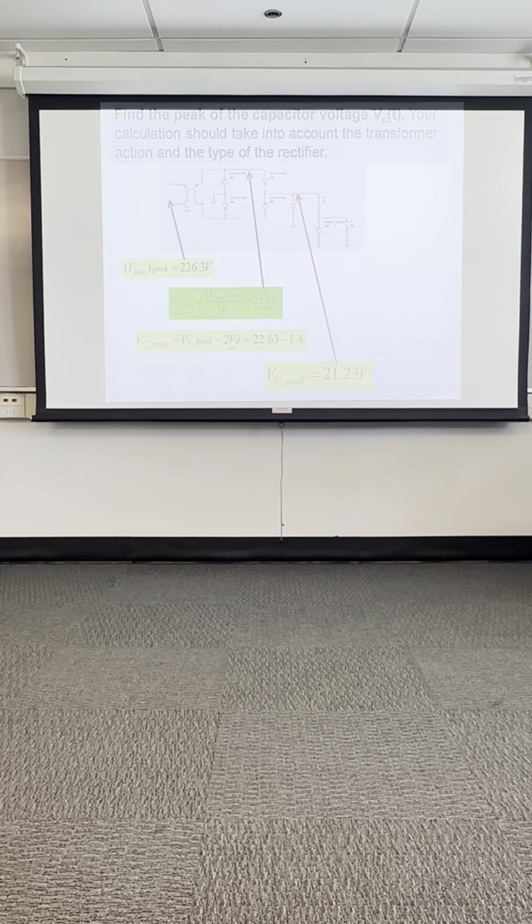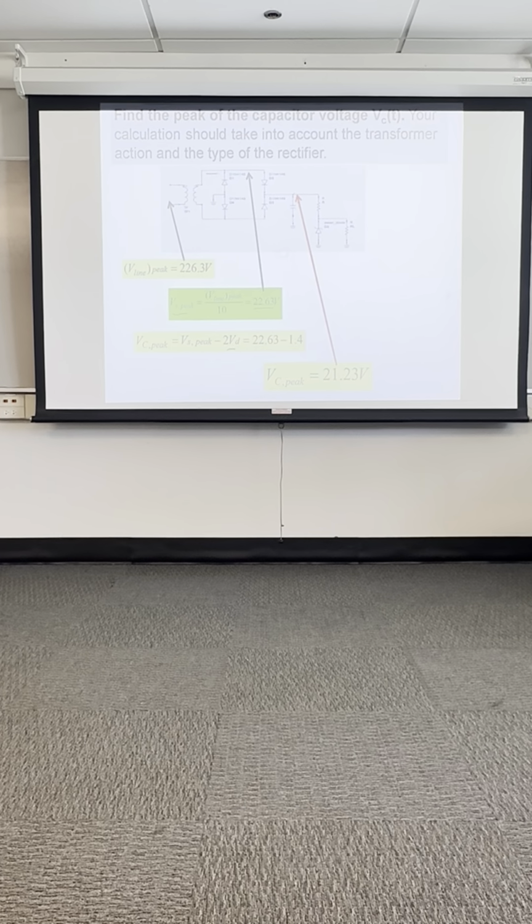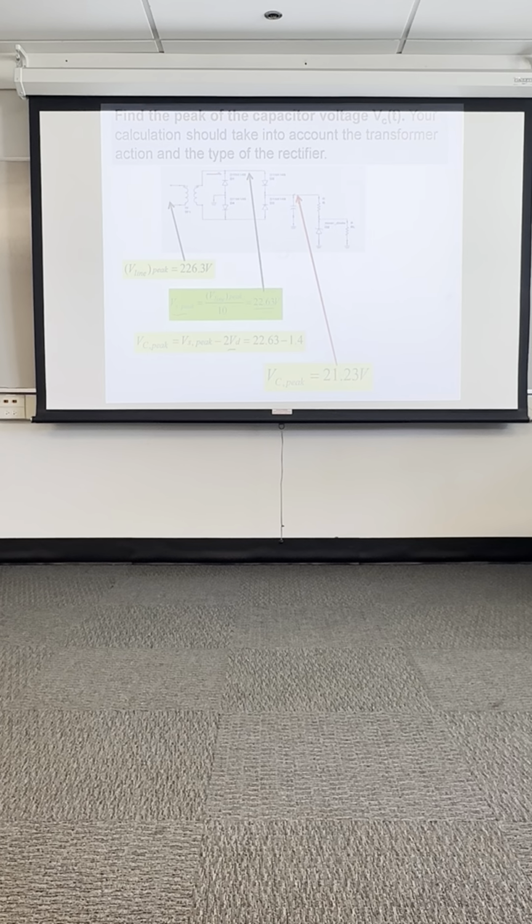Now, when the AC comes out of this part of the transformer, which diode does it pass through? D1? Five? D5. D5 is forward biased. D1 blocks the AC.